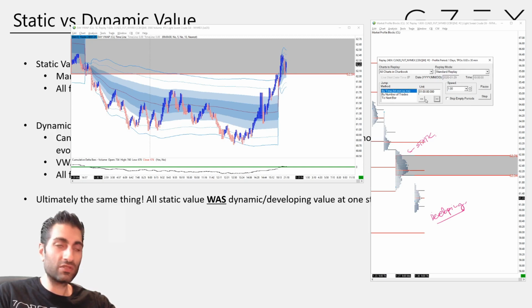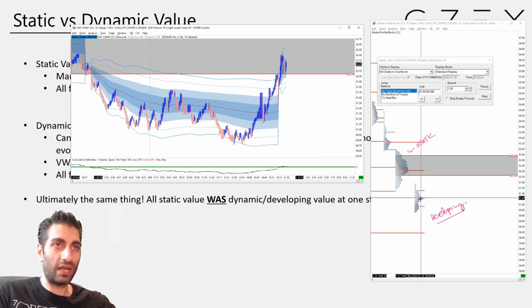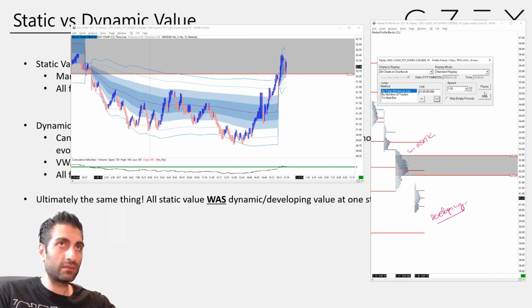Okay, what's basically happened is it's now after 230, and that has closed. So if we just keep moving, let's get this thing speeded up a bit.